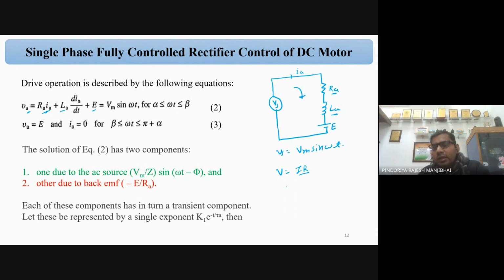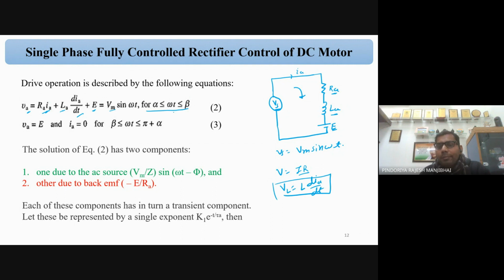VL equal to L dia by dt, correct? The voltage across the inductor is L dia by dt, plus this again is the voltage source. So we can say Vs, that is Vm sine omega t, plus E, and that duration is alpha to beta. That is equation number 2.